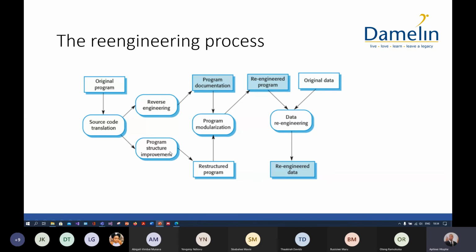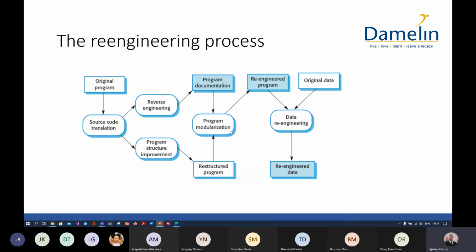And program structure improvement is you restructuring the program for easy understandability, okay? So you have the restructured program, and then at the end, the program documentation and the restructured program help you to draft a program modularization, okay?